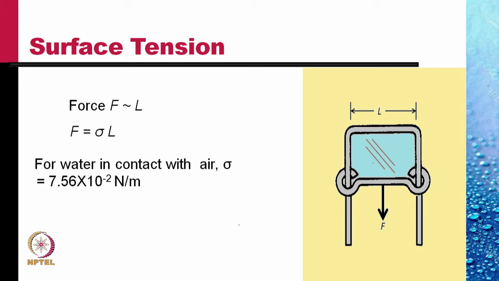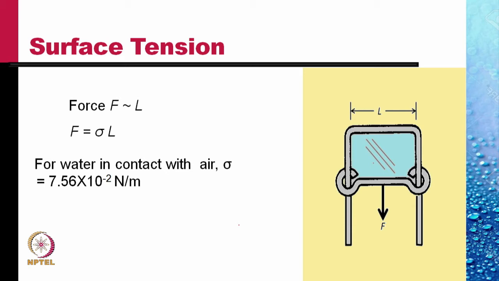And this force F is equal to sigma L, where sigma is termed the coefficient of surface tension for the liquid-gas pair. It depends upon the liquid and the gas both.